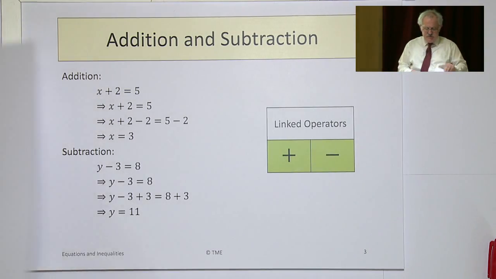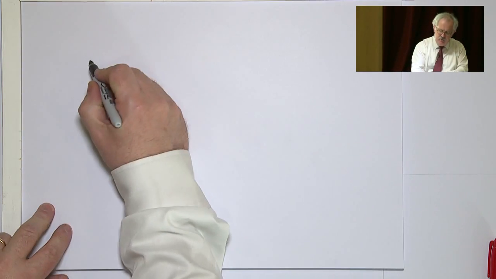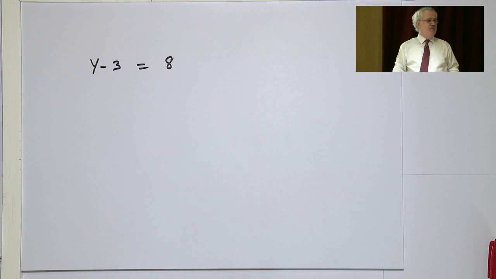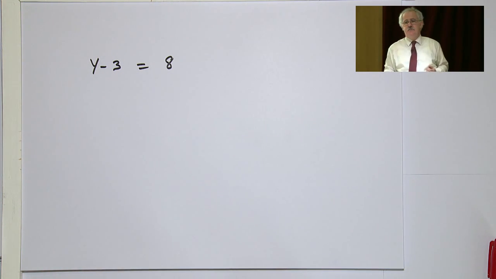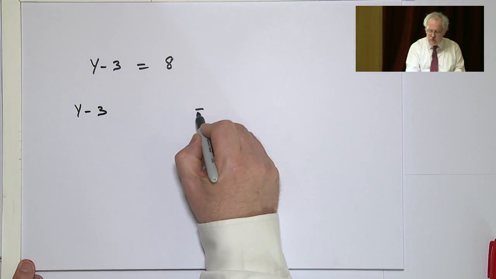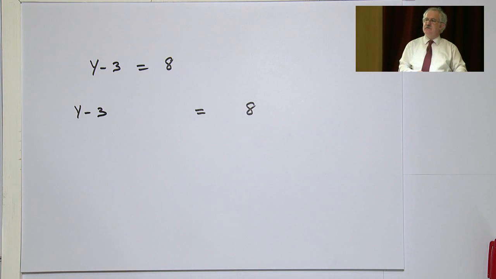Let's see if it works for subtraction. y minus 3 is 8. Now, if somebody said to you, y minus 3 is 8, you'd tell me what y is, wouldn't you? What's y? 11. But again, if we said y minus 3 equals 8 over here, and we said, what's the twin of minus?